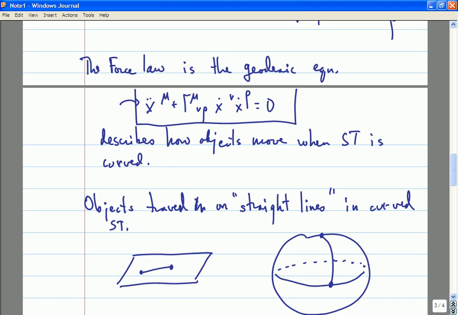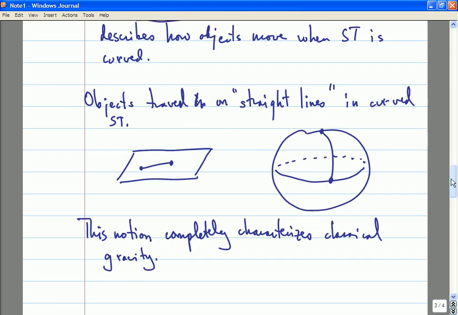There is a sense in which what you're saying is correct in the following way. If I choose to ask for a geodesic which connects 2 given points in space-time, then in flat space, there's a unique geodesic. So if I have one point here and another point here, there's a unique straight line which connects the 2. But on a curved geometry, that's no longer necessarily the case.